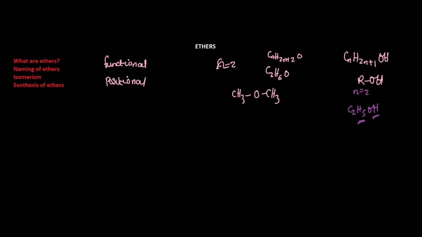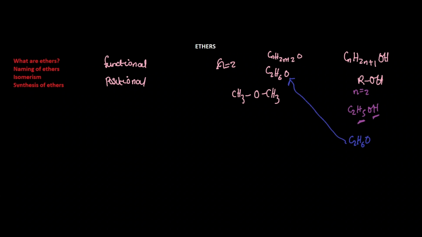So in total, we have 6 hydrogen atoms, 2 carbon and 1 oxygen. So this is C2H6O. Notice that this is the same formula that we have for the ether on this side. So simply put, ethers exhibit functional isomerism with alcohols, and this is because we can have an ether and an alcohol with the same molecular formula, but of course they belong to different homologous series.